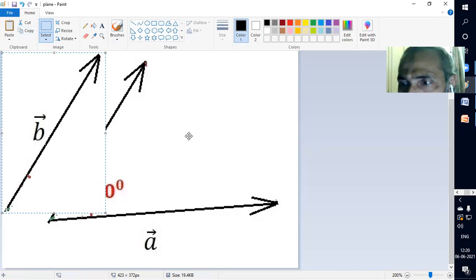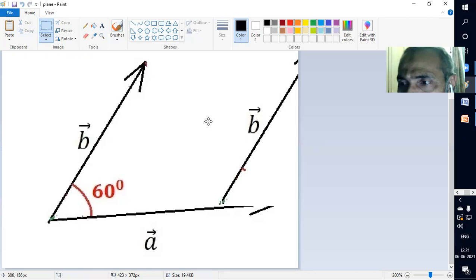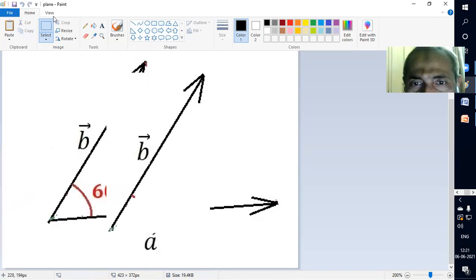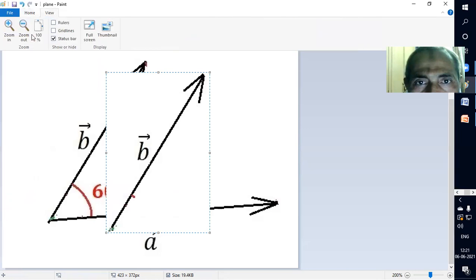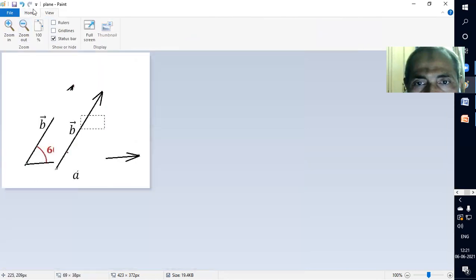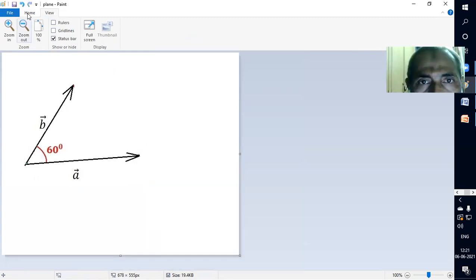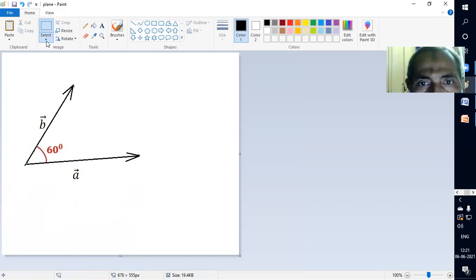This vector B can be shifted anywhere on the screen. See, this is permitted. I'm changing the location of this vector B. So you can change vector B anywhere as you wish. See? This is possible. Let me take a copy here. This I have copied.